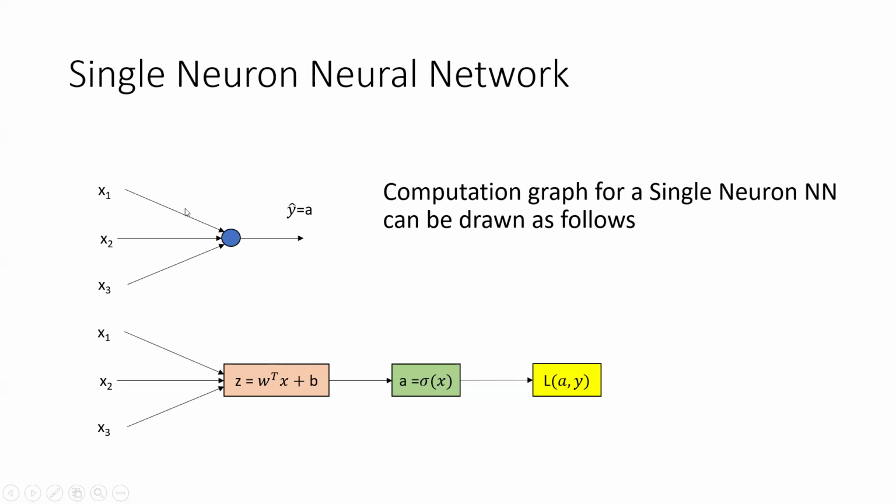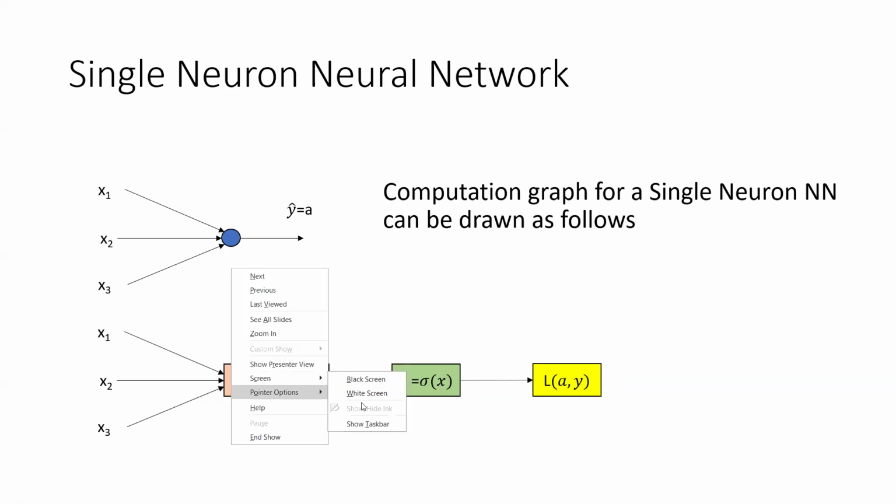The weight of this one is W1, this one is W2, this one is W3, right? There would be another bias value as well. So we take the weight vector, take its transpose, and take the dot product of this weight vector with the x vector, which corresponds to the x1, x2, x3 values, right? And then we add b, which is the bias of the neuron.